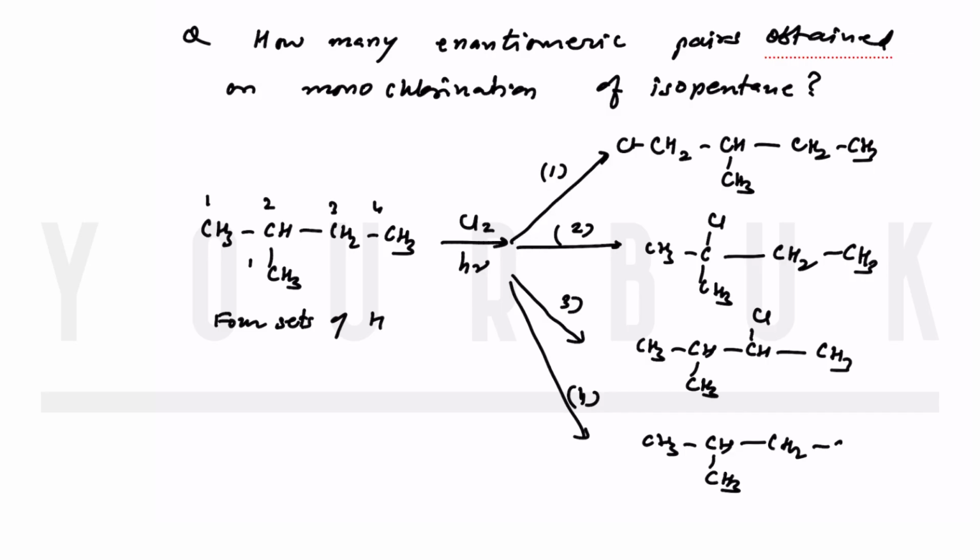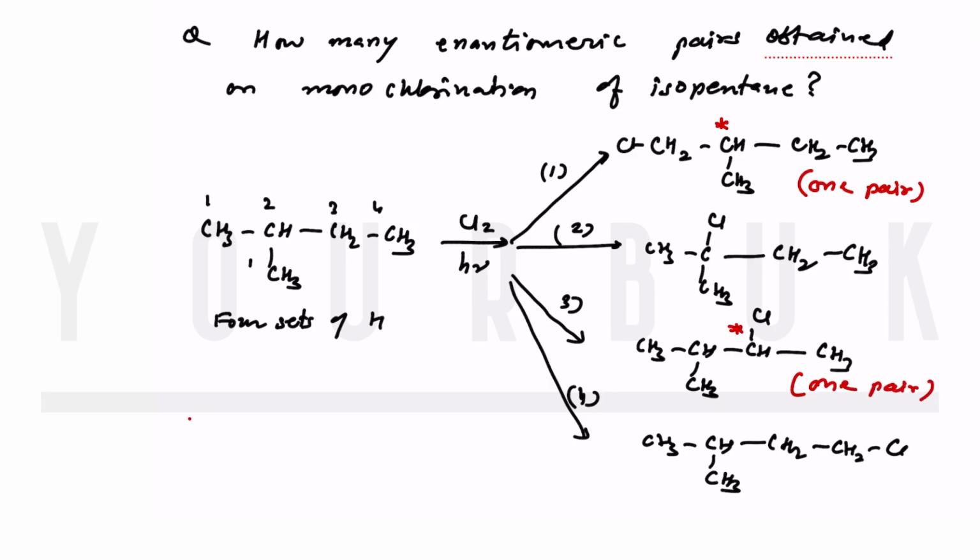Now you see, out of these 4, which one contains a chiral carbon? Chiral carbon is present in the first, so it gives you 1 pair of enantiomers. Then compound 3 contains a chiral carbon, and gives you 1 pair of enantiomers.